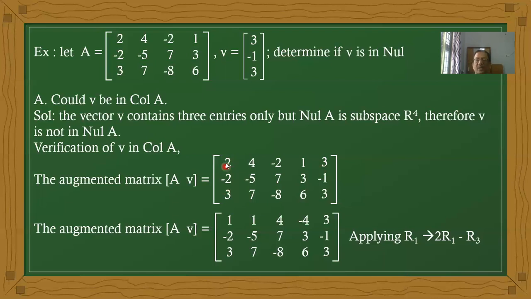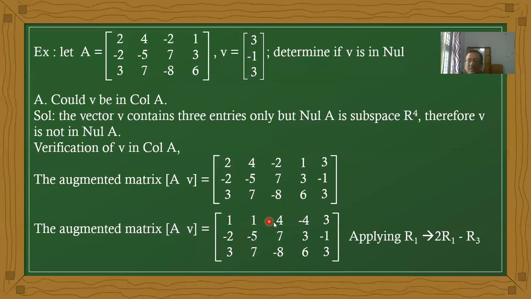Then 4 minus 3 becomes 1. 2 times 4 is 8, minus 7 is 1. Next value, it is minus 4 plus 8, that is 4. And next, 2 times minus 6 is minus 12, plus 6, giving minus 6, and 6 minus 3 is 3 now.